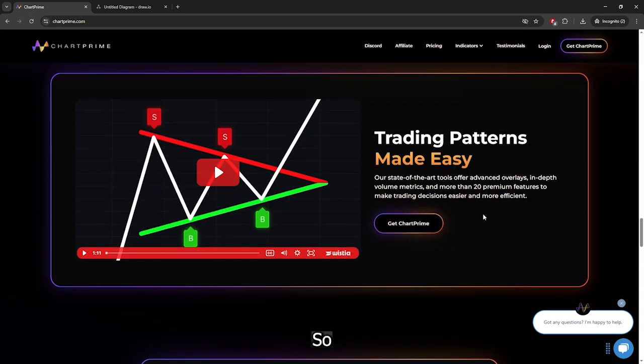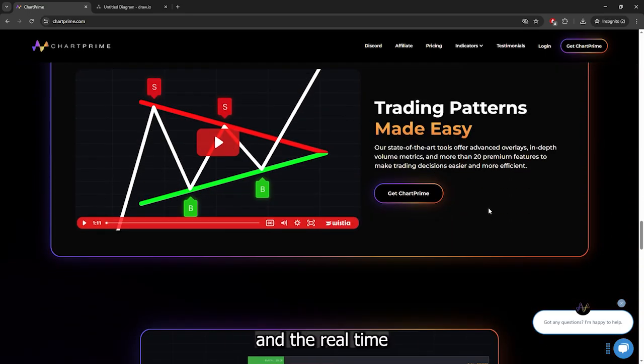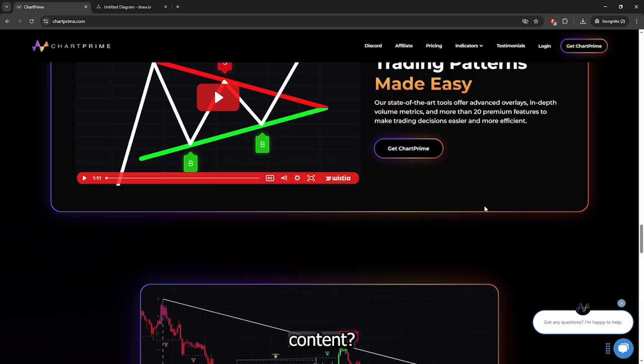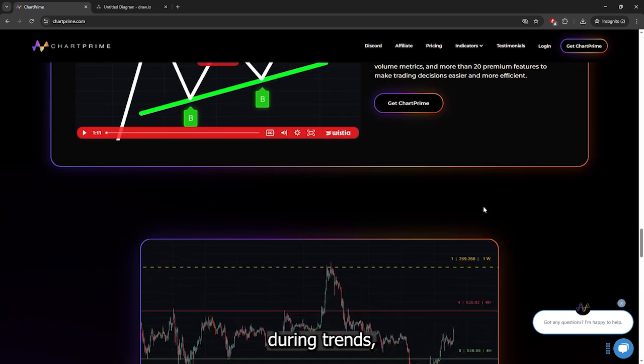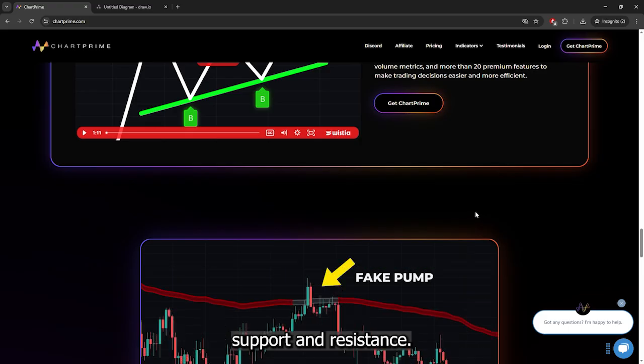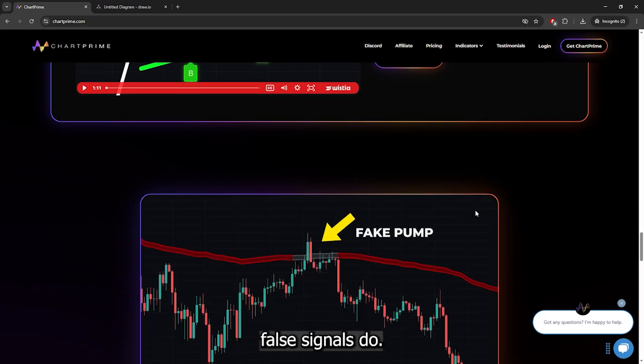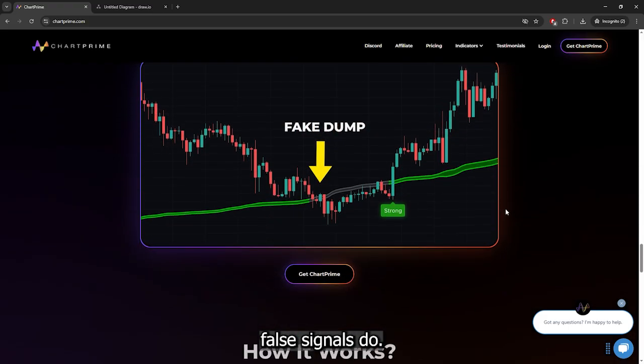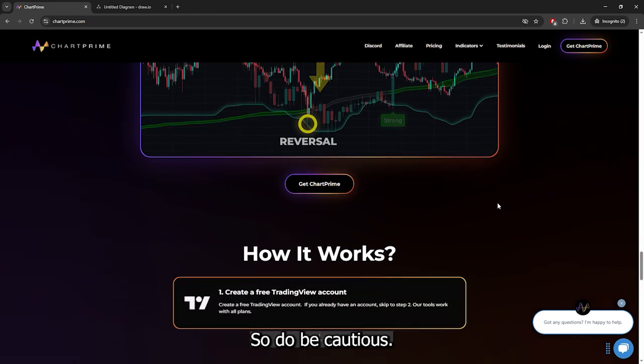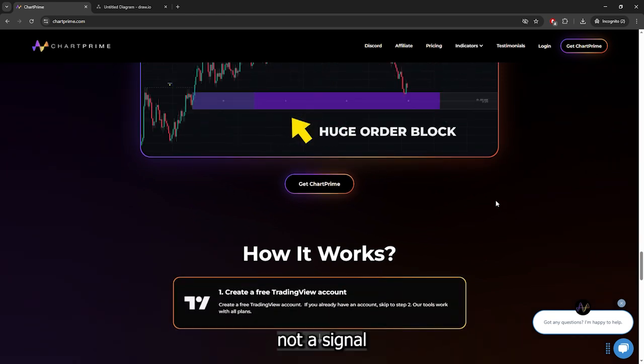So what about the accuracy and the real-time performance? Signals are solid during trends, especially when used with confluences like support and resistance. But in a sideways market, false signals do occur, so do be cautious. It is important to treat ChartPrime as an assistant, not a signal to enter everything.